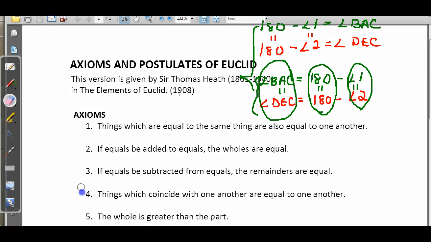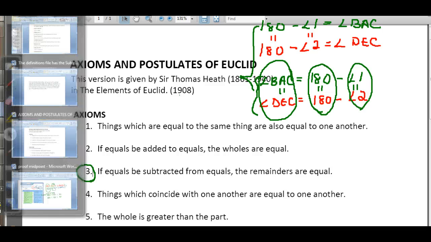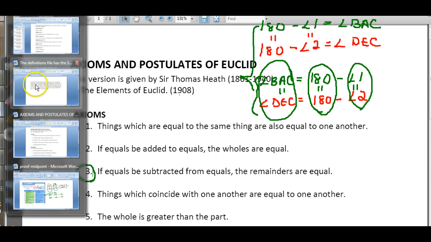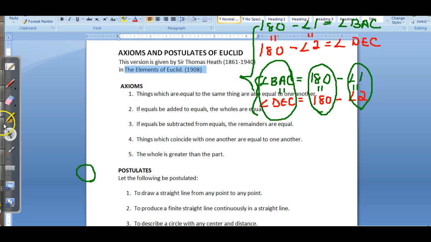So a lot of people have taken his axioms and they've given them titles. Now, this one, if equals be subtracted from equals, the remainders are equal. There is one file that I have, and they are calling that, where's the file?